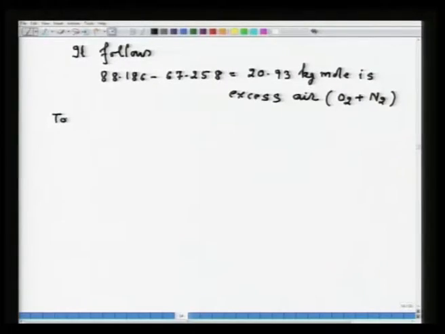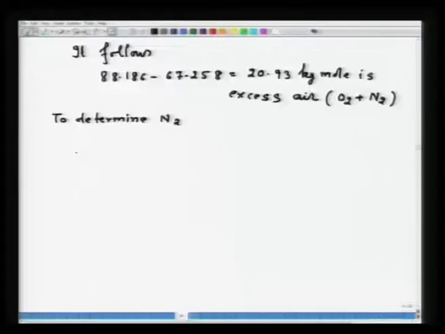To determine that value of nitrogen, you have to consider the oxygen from the charge, because we determined it by multiplying by 3.76. If all the oxygen had been obtained from air, in that case we would multiply by 3.76 and get the amount of nitrogen, but some amount of oxygen is also from the charge.